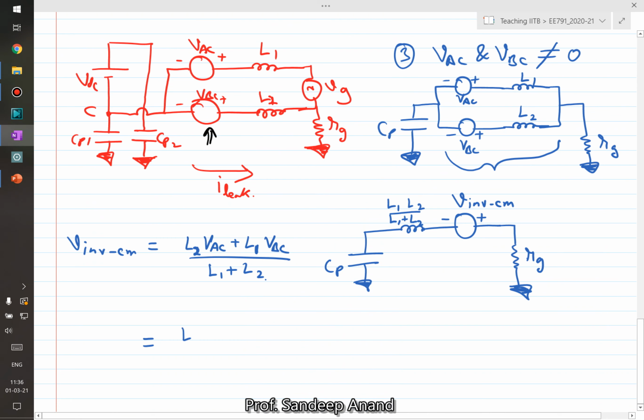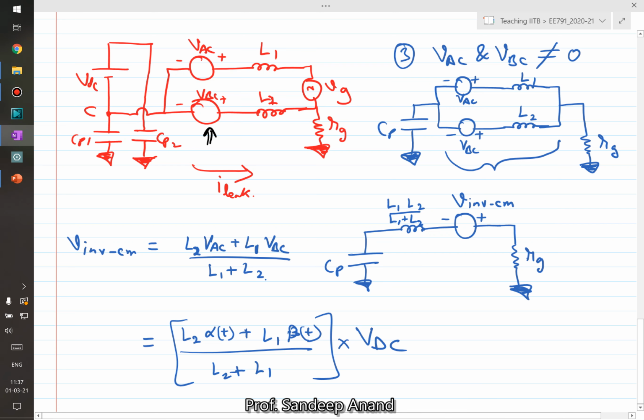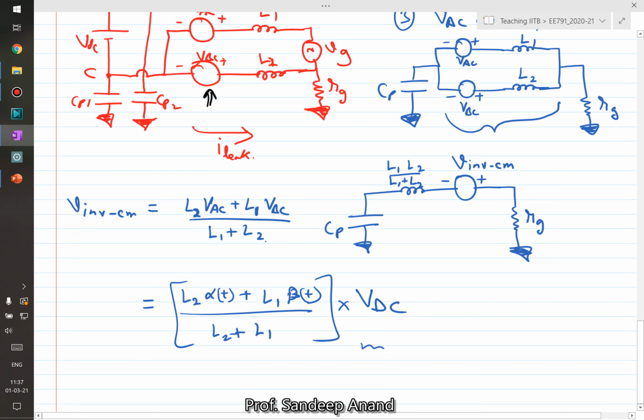And I can write that L2 into alpha plus L1 into beta of t upon L2 plus L1, whole thing multiplied by VDC. Right? This is the VDC I was referring to some time back.